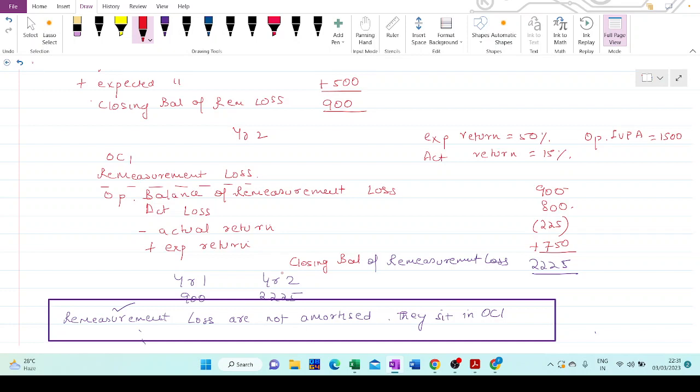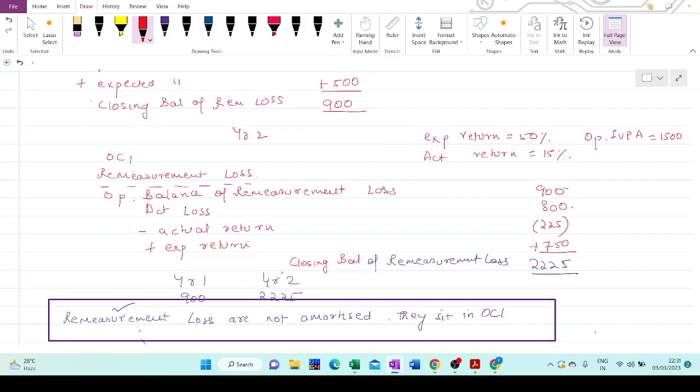Please write this down. And US GAAP uses the corridor approach to check whether the actuarial losses are too big or not.